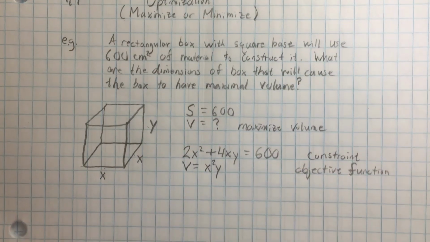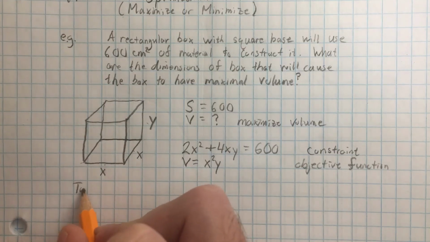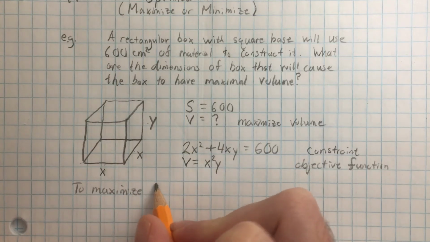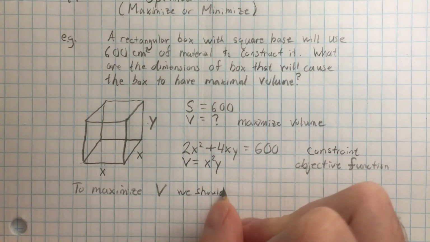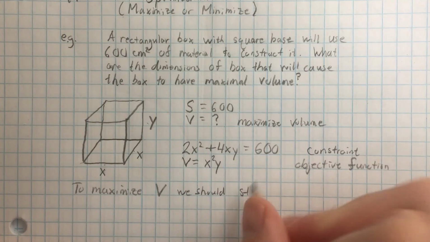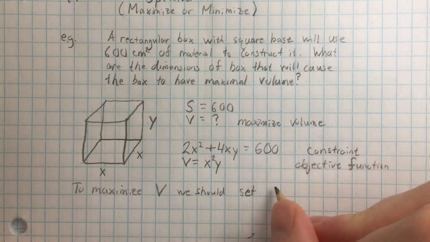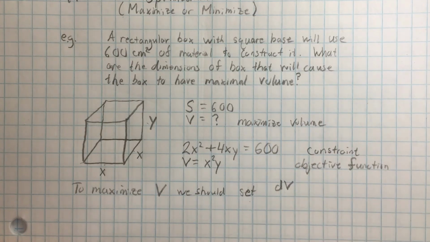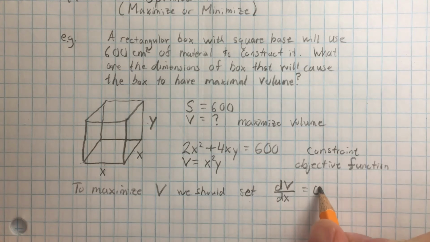Well, we know from previous sections dealing with relative extrema, to maximize V, we should set dV d something. I'm going to write x here in anticipation. dV dx equal to 0.